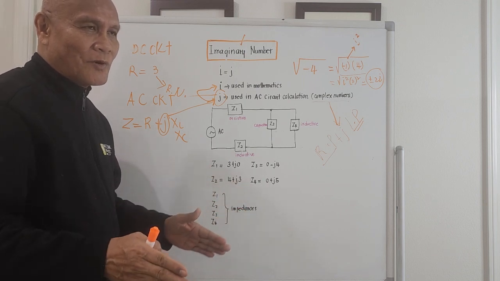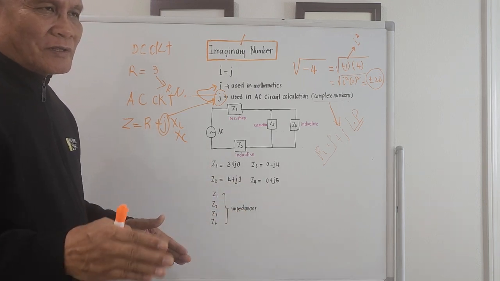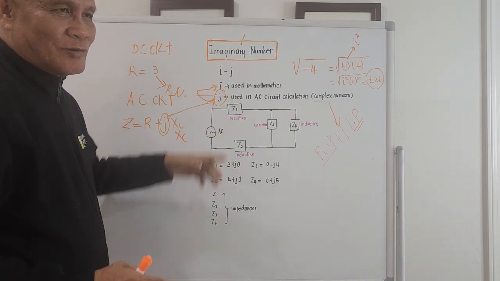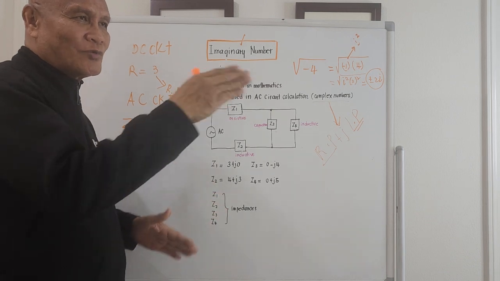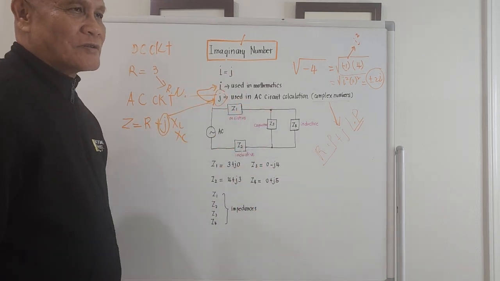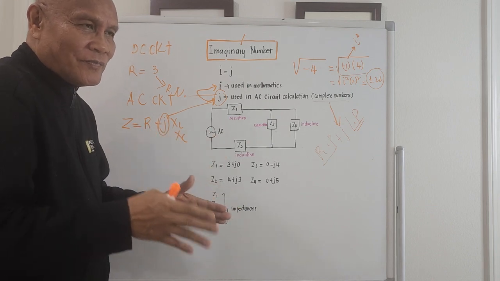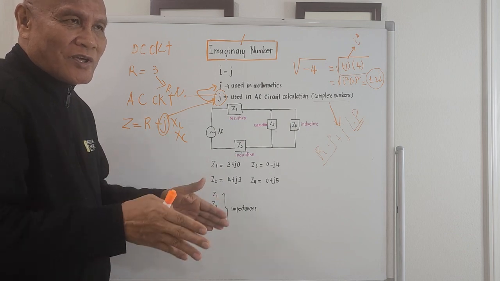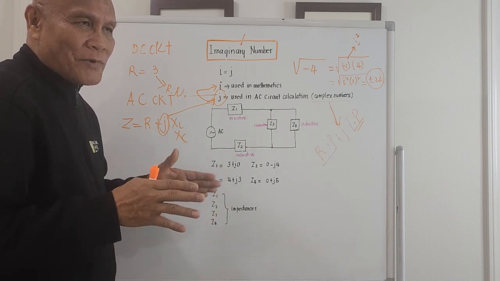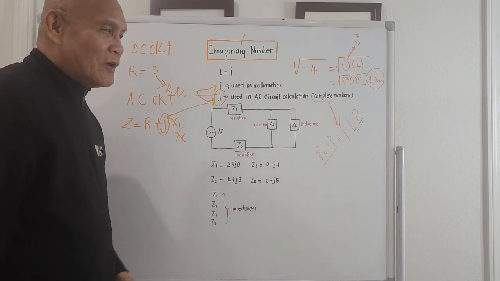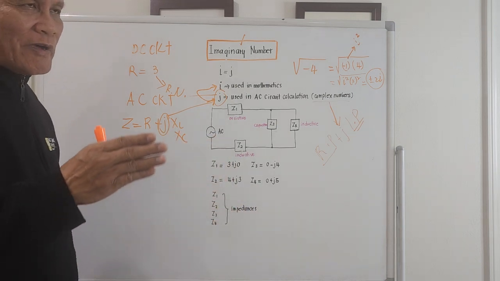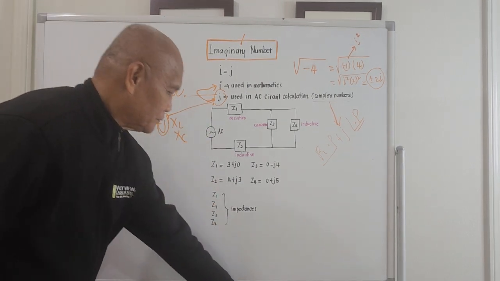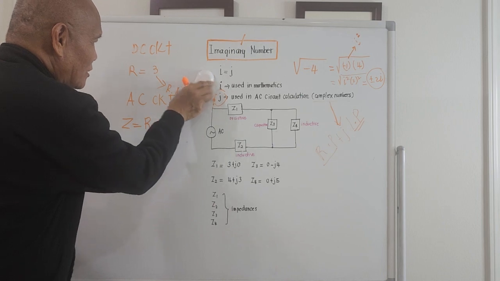I will give you an example of a complex number that involves a J, which emanates from this I. Those people solving I to the I, it has no significance. But in an AC circuit, that J has a significance, because without knowing that J, we could not calculate impedances under AC circuit. I will give you an example problem of a complex number in AC circuit that involves the J.